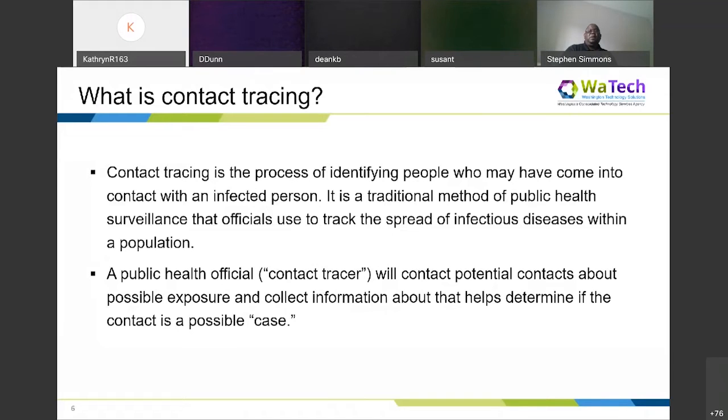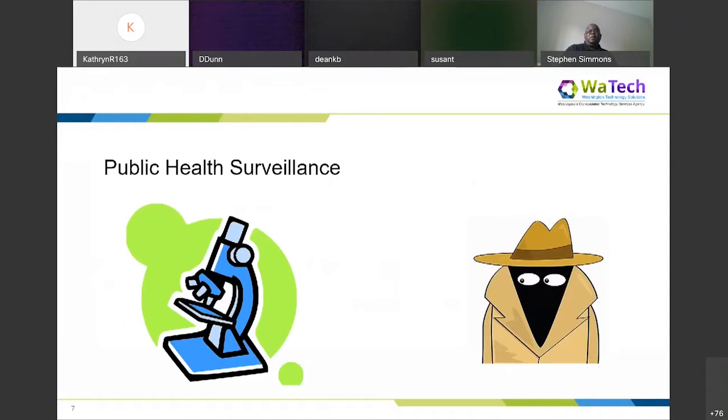Next slide. So public health officials are very, very comfortable using the word surveillance. And when we're talking about that term for population health, they're just talking about in terms of monitoring the public health. So people in the public, though, may be alarmed to hear this term as it might conjure up images of government surveillance and spying.